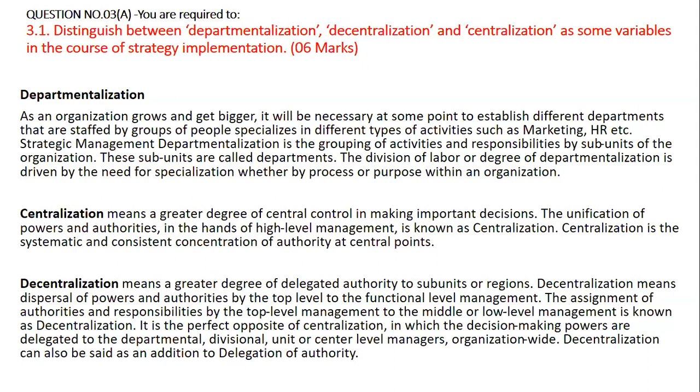Strategic management departmentalization is a grouping of activities and responsibilities by subunits of the organization. Yes, HR is a subunit, finance is a subunit, manufacturing is a subunit, supply chain management is a subunit. They are all connected and integrated together, and become the large organization.